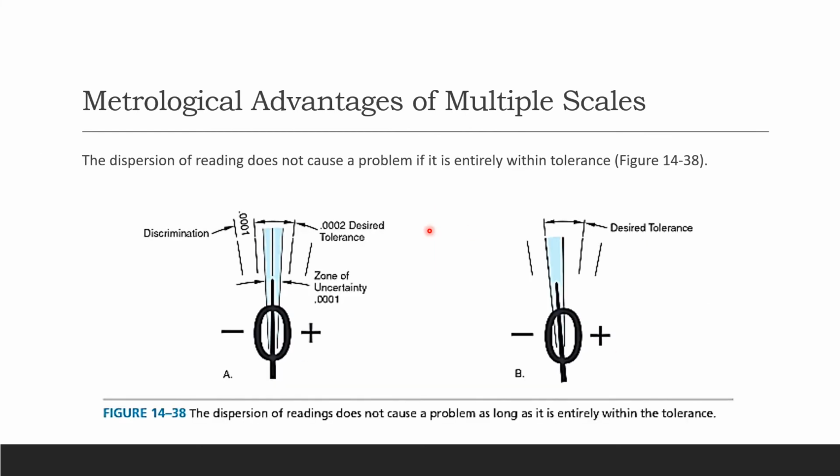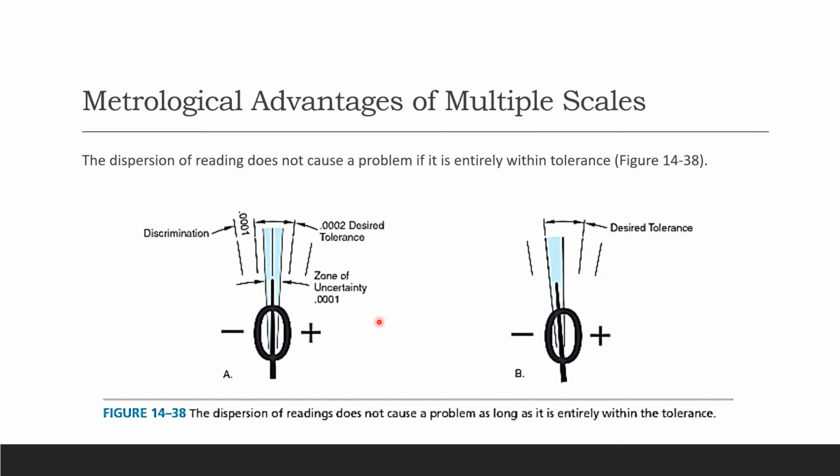The dispersion of reading does not cause a problem if it is entirely within tolerance. What it's trying to say is that the dispersion of the reading doesn't cause a problem as long as it is entirely within the tolerance. So here we have our tolerance zone.